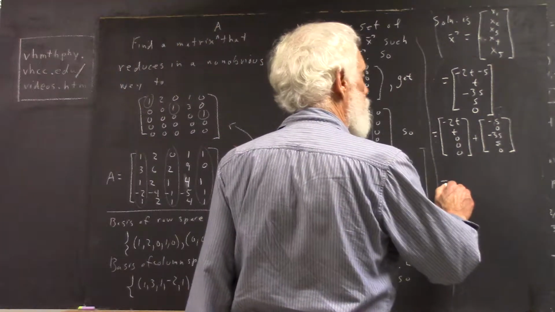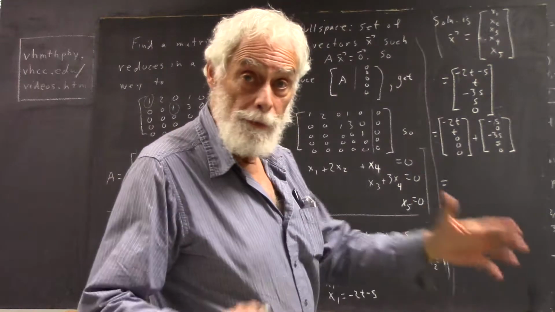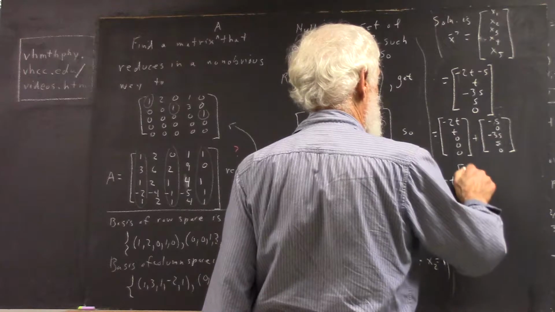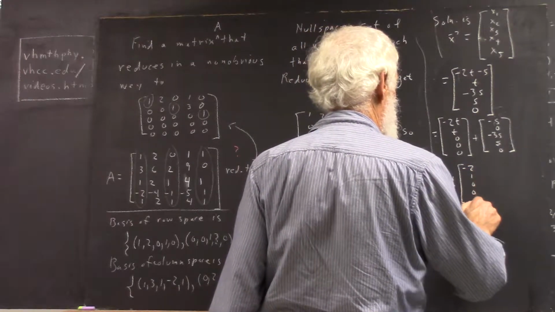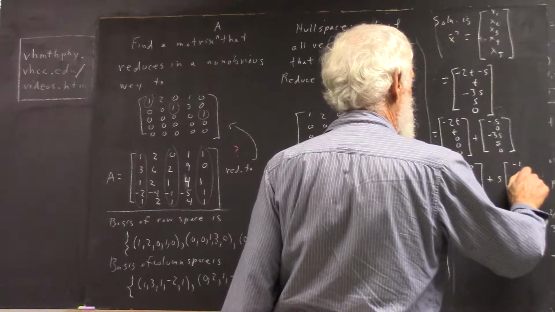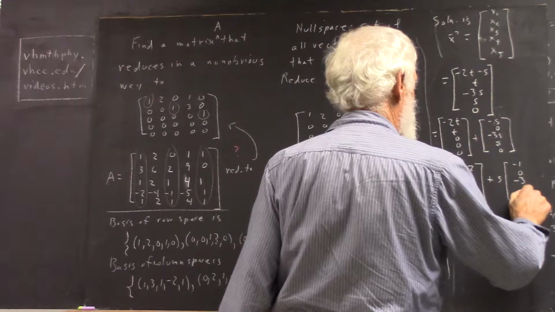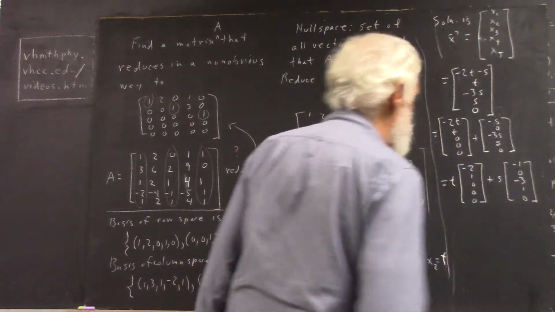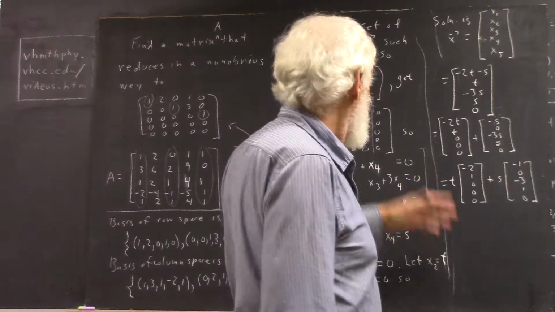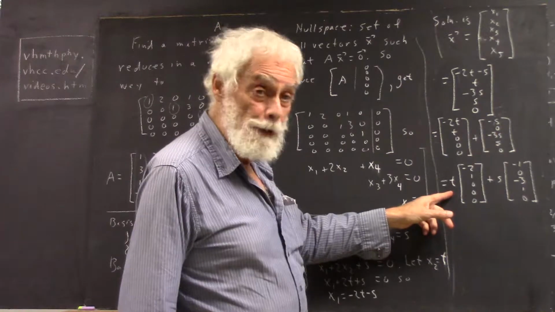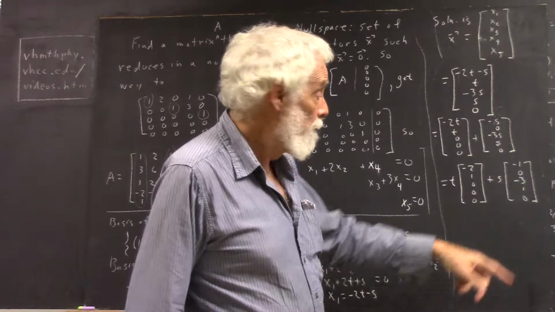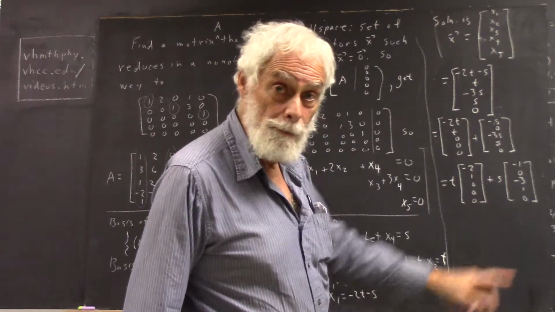How does this help find a basis for the null space? Well, we've just about got it. Factor t out of this. And I've got this result. This means that any vector in the null space is equal to some t times this column vector plus some s times this column vector. Well, that's just a linear combination of these two column vectors.